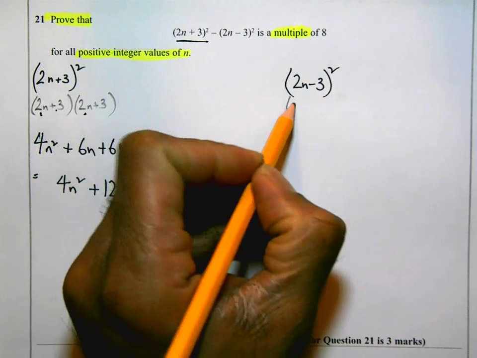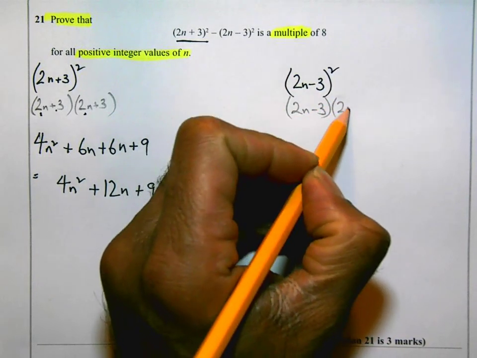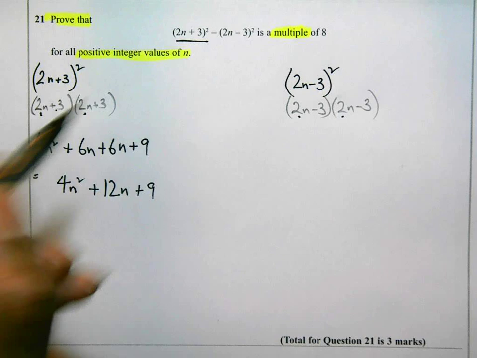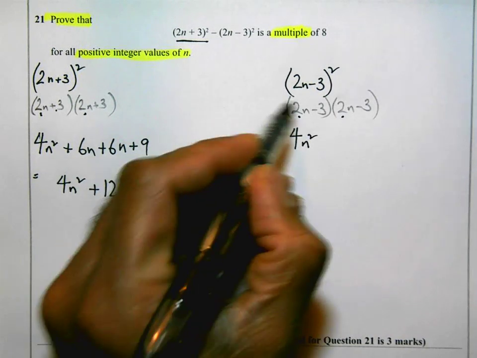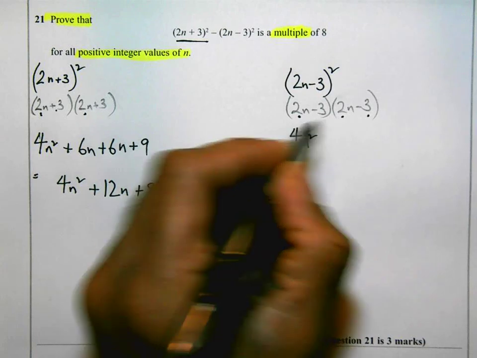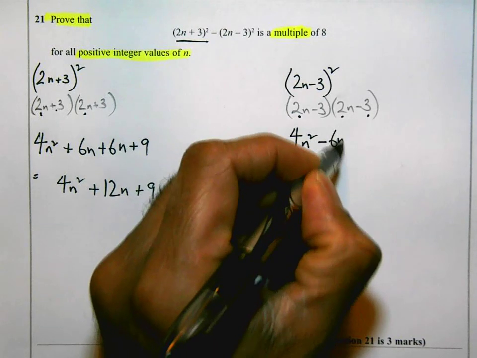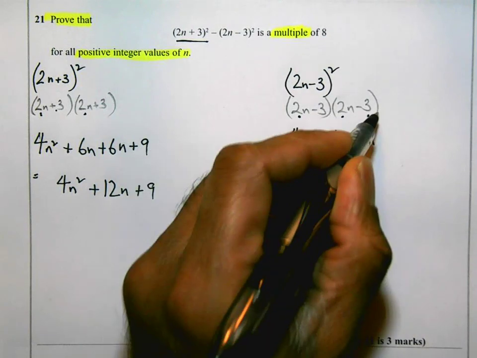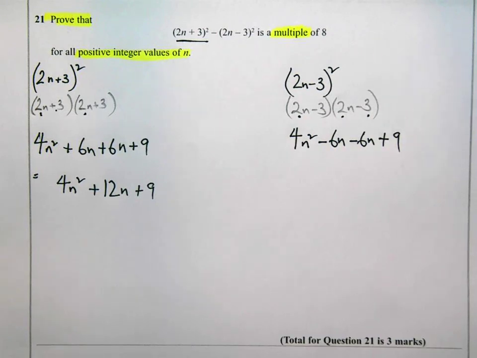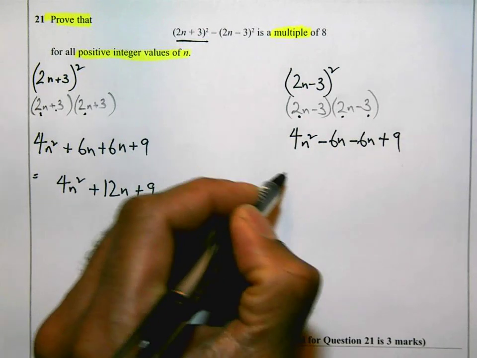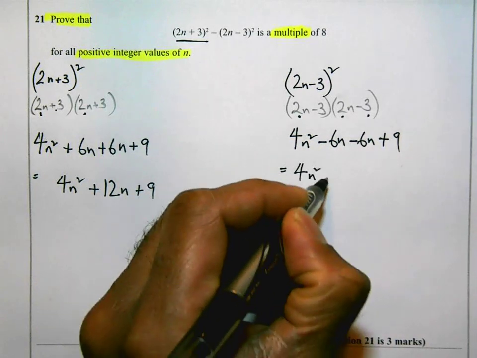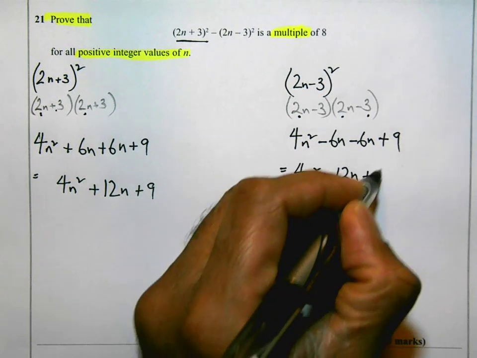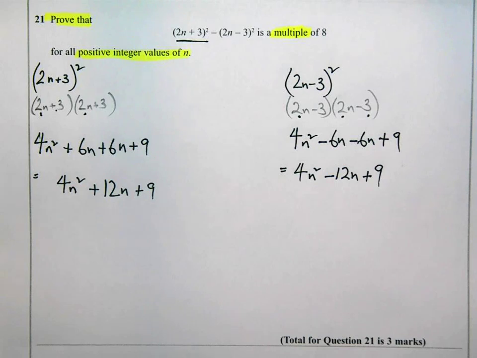That's (2n - 3) times (2n - 3), and multiplying that out, 2n times 2n is 4n squared, 2n times minus 3 is minus 6n, minus 3 times 2n is minus 6n, and minus 3 times minus 3 is plus 9. If I tidy that up, I'll have 4n squared minus 12n plus 9. So I've just worked out this part here.